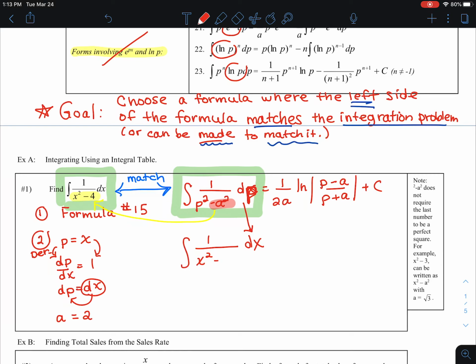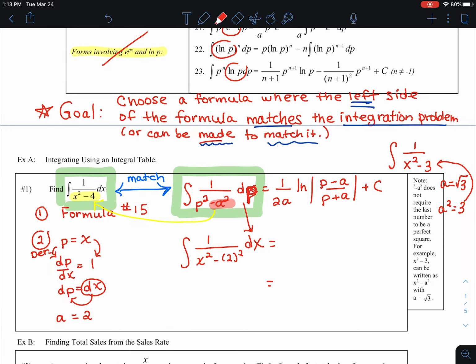So I'm going to plug in a 2 squared, and probably in the next step I'll just change that to a 4. By the way, had the original integral been, let's say, x squared minus 3, then I would have chosen a to be the square root of 3. That way, when I plug it into the formula and square the square root of 3, it would show as a 3 there.